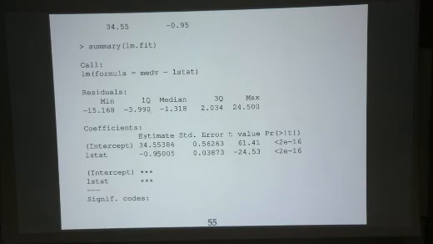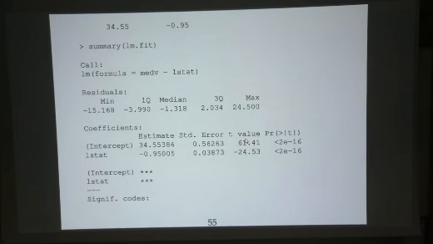We have already seen that the coefficient beta naught hat is 34.55 and beta 1 hat is minus 0.95, but you also get their standard errors. We have already discussed how to get the standard error of the coefficients in the last class. So this is the standard error of beta naught hat, and this is the standard error of beta 1 hat.